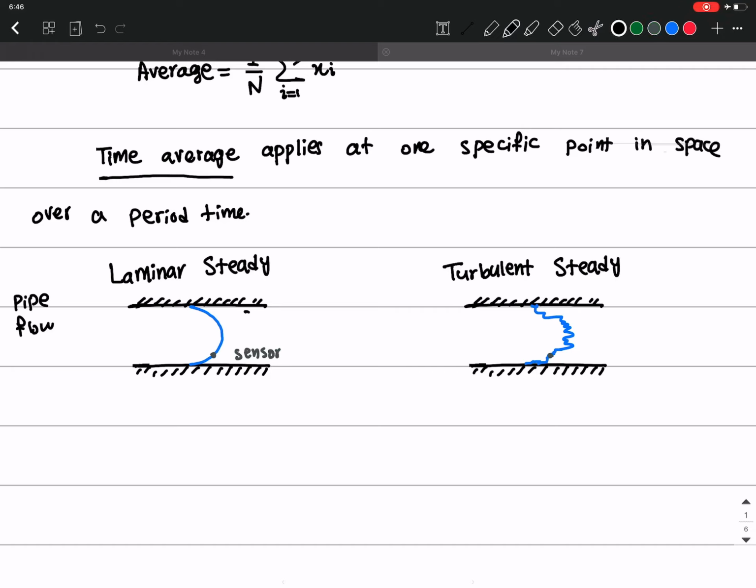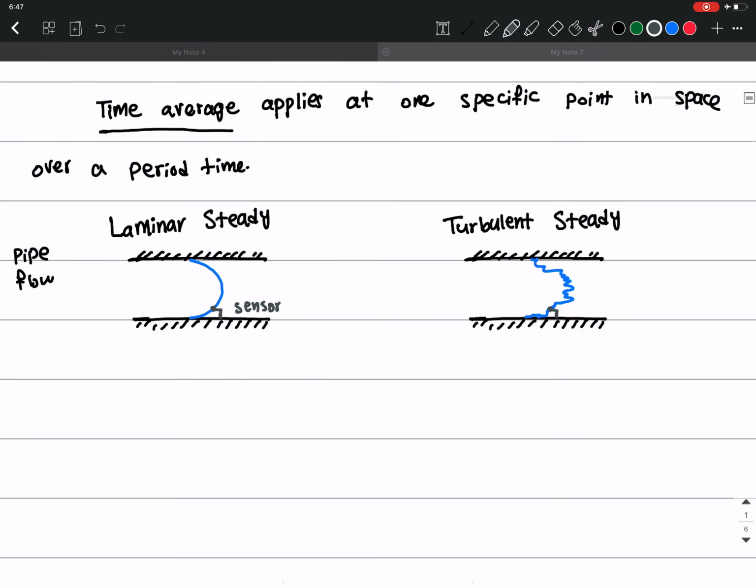So let's first look at the laminar flow. So here we put the sensor like this, to measure, say, the water flow. And how does this look like when we have a steady flow?